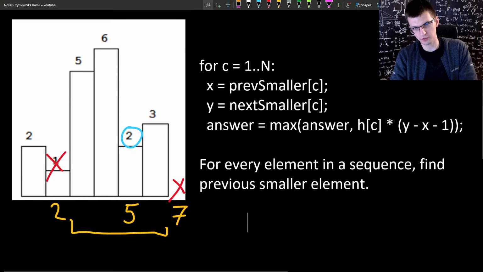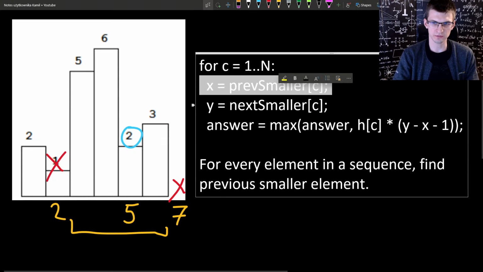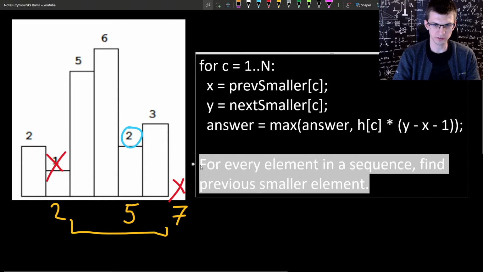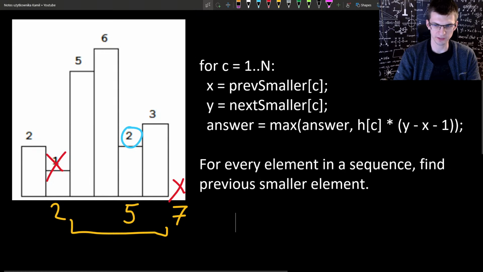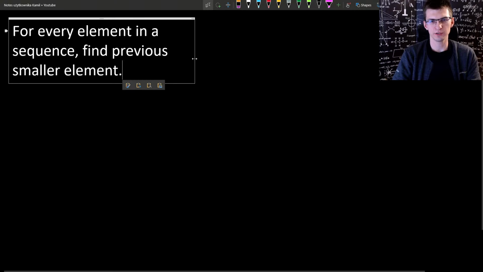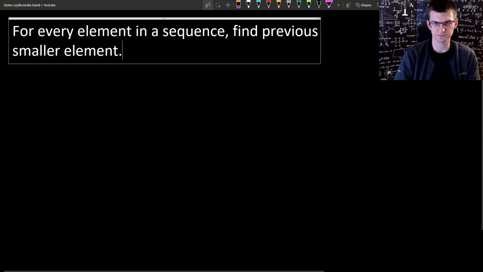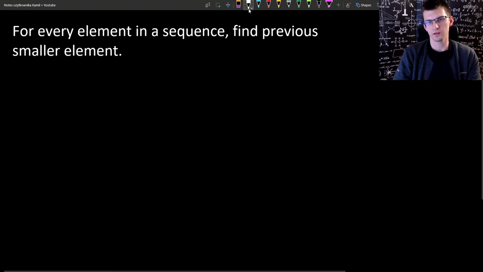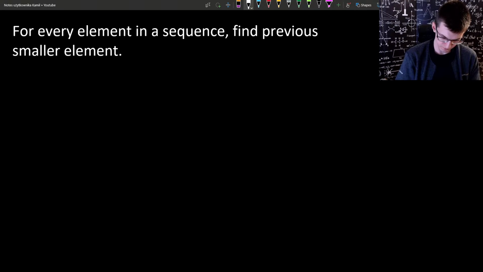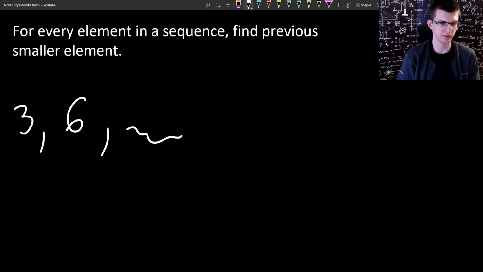Now, for those of you who don't know how to use a stack to solve this, we are solving this problem. For every element in a sequence, find previous smaller element, the most recent smaller element. This is the idea. If we have 3, 6, and then there will be some new element here.